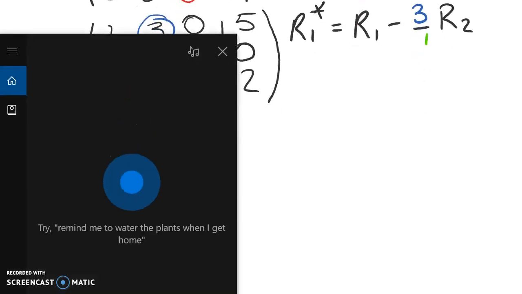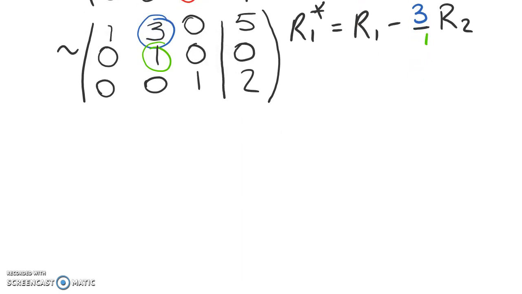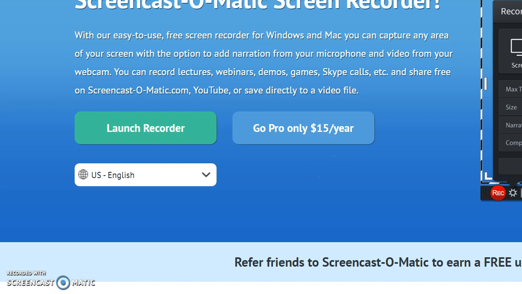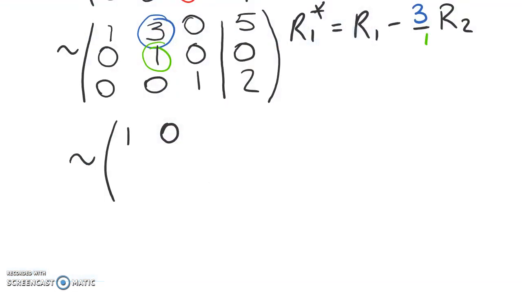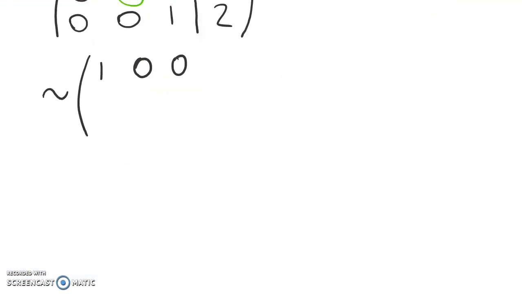We've got 1 take away 3 times 0, which is 1. 3 take away 3 times 1 is 0. 0 take away 3 times 0, oops, sorry everyone, there we go, is 0. 5 take away 3 times 0 is 5.